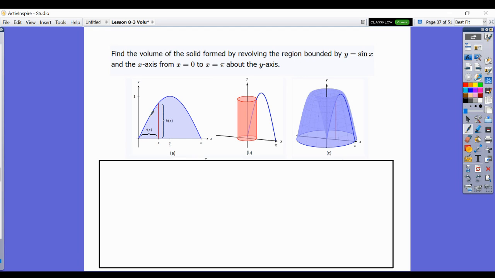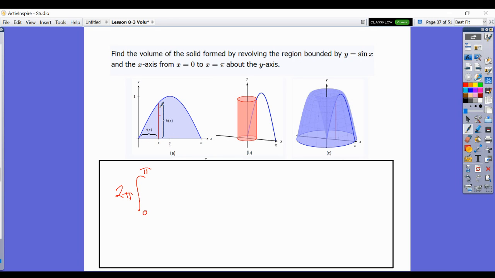So we're going to do all these little circles, make all these little cylinders, and we're going to do the shell method. So to set up the shell method, we're going to integrate in terms of x, but we're spinning around y. So we're doing shell. So it's 2 pi. For the x, we're going from 0 to pi.